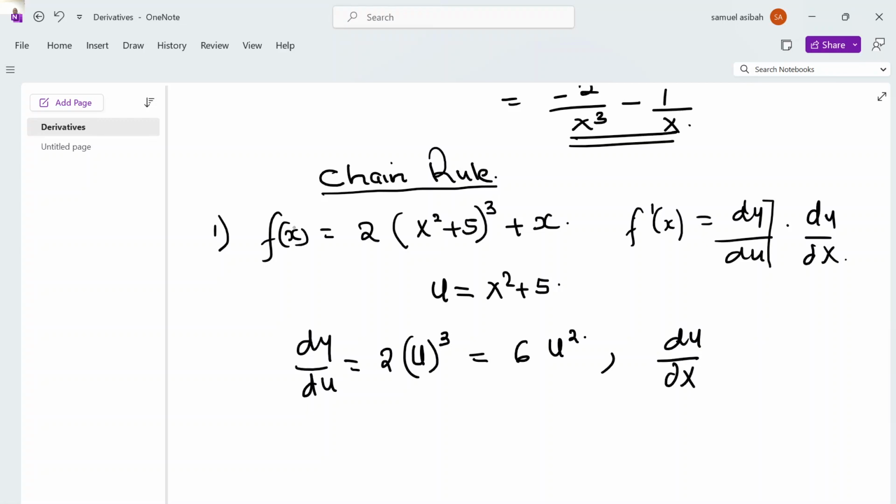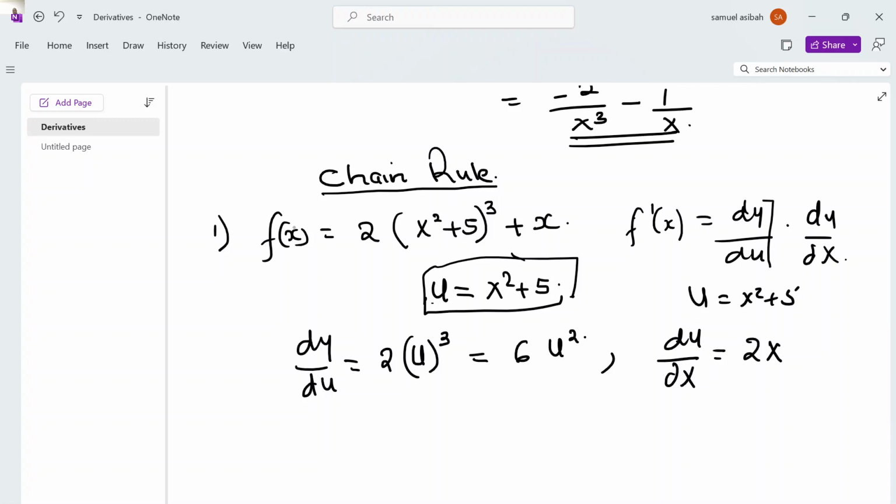So what is our u? U is here, and we have this. Which means we have to differentiate this particular function here. So du over dx will be 2x, because u is equal to x squared plus 5. So du over dx is equal to 2x.